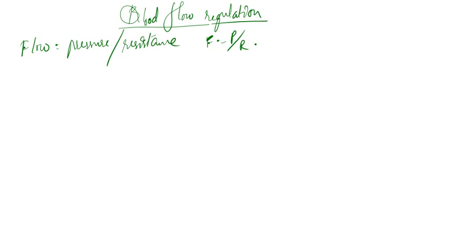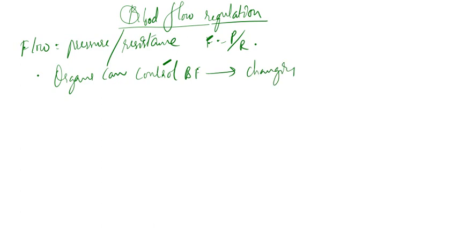Now see, organs can control their own blood flow just by changing the resistance. This phenomenon is called autoregulation of flow.